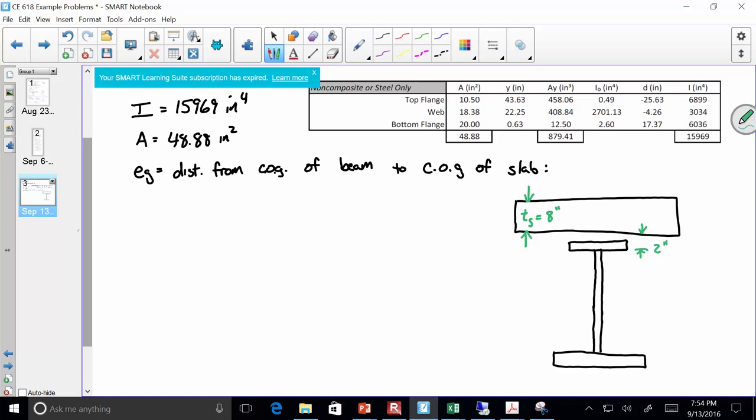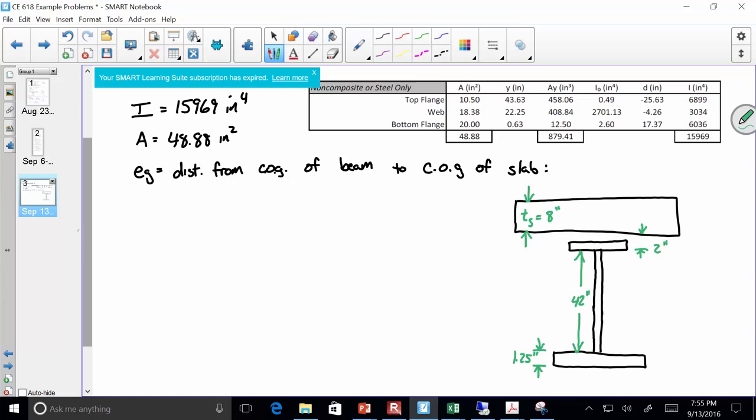What's the web depth? 42. All right, and what's this thickness here? 1.25. Notice how I did not include the top flange thickness, but I don't need it. Okay? Make sense? Because the haunch includes that.